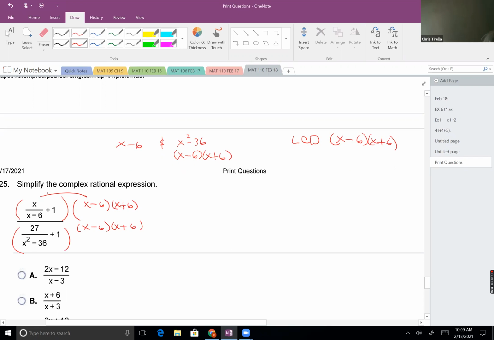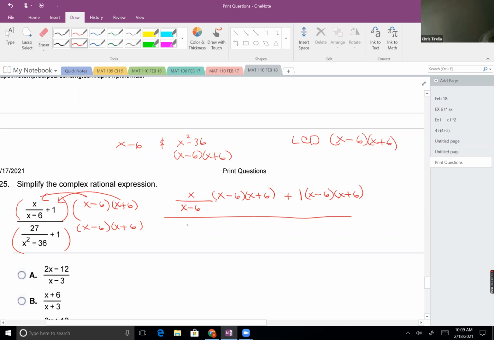The numerator, when I distribute, I'll get x over x minus 6 times x minus 6 times x plus 6 plus 1 times x minus 6, x plus 6.